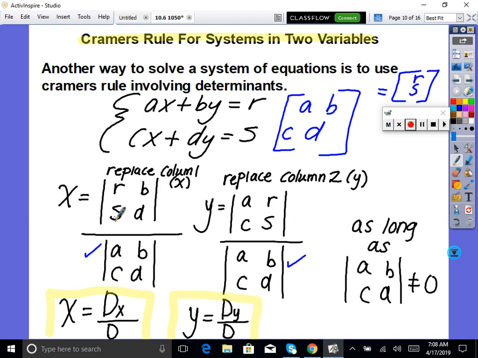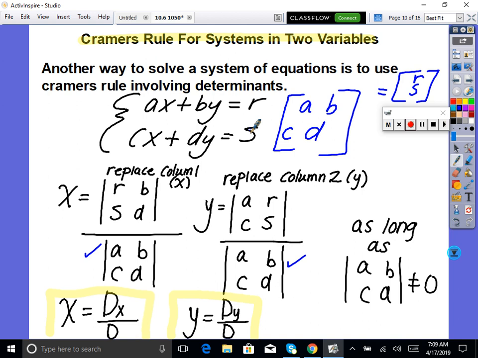Just replacing it with the equal sign. Then we'll find the determinant. So it's basically taking R and S, putting it here, because that's replacing X, and then doing the determinant of that. So then with Y, you'll do the determinant on bottom, same thing as over here, the determinant of the original, and then once again right here, you're going to replace the Y with what's equal. So we'll still have AC, but instead of BD, we're going to replace it with our RS. So kind of a memorization thing.